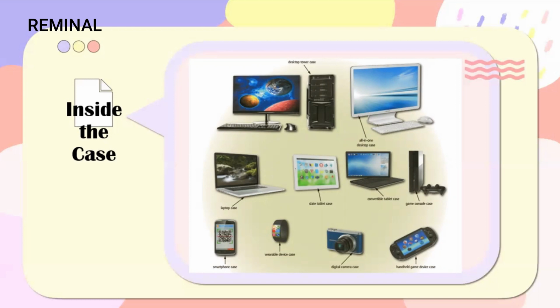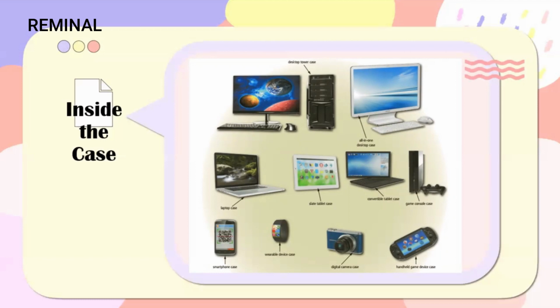And kailangan rin natin mag-ingat kapag mag-assemble and disassemble tayo dito kasi delikado ito gawin kapag hindi tayo familiar sa system unit. All-in-one desktop case, which is nasa monitor na nakalagay lahat ng protected components ng isang system unit. Laptop case, which is pareho lang rin siya ng monitor pero sa likod na ng keyboard nakalagay yung mga components.